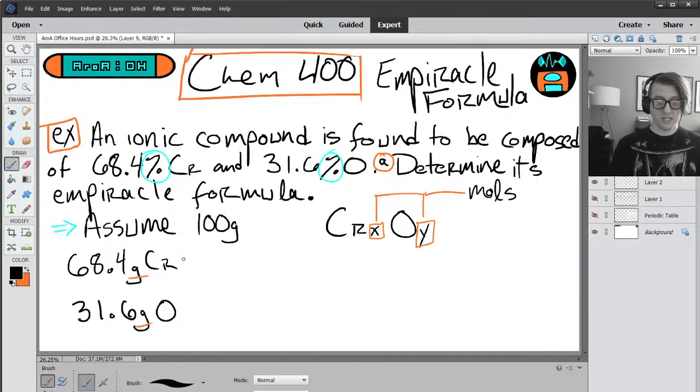And we do this using the atomic mass given to us on the periodic table. Now, chromium, I don't have that one memorized, has an atomic mass of 51.996 grams of chromium per mole.